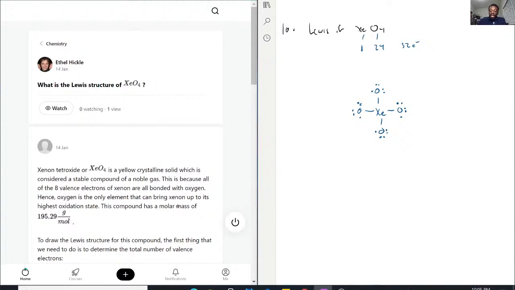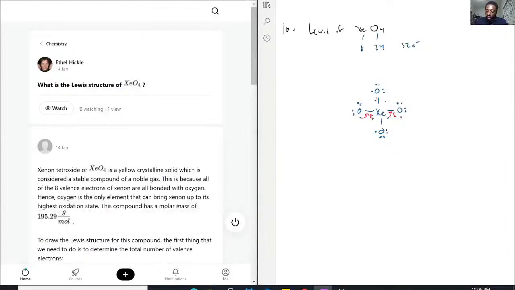Now with xenon, it's right now sharing 4 of its electrons. So I could theoretically just do this: 1, 2, 3, 4, and each, to be able to resolve that single bond, turn each into a double bond. So that'll be this, and then we have this double bond as well, and this last double bond. Oops, I got a little greedy here.